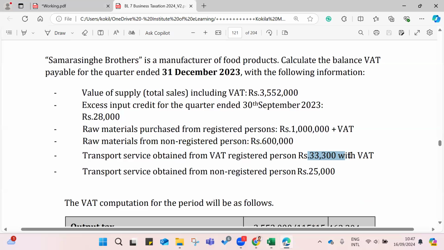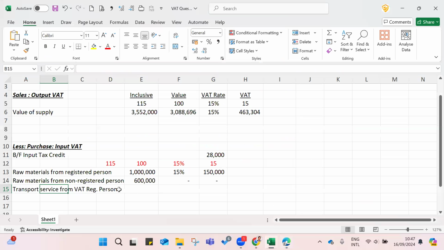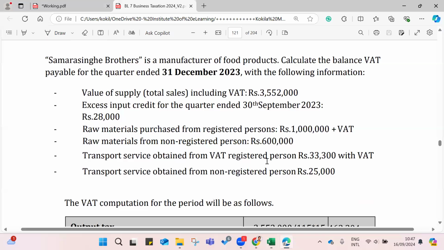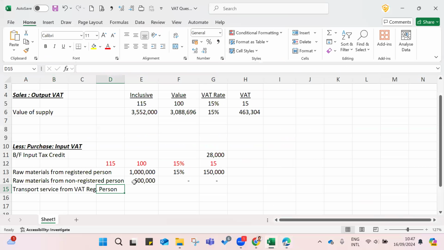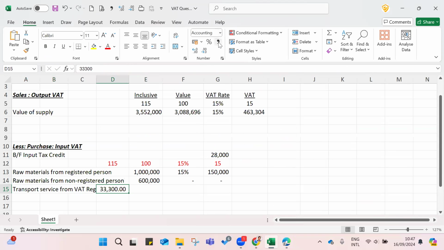It says with VAT. You need to be mindful now, right? 33,300 includes VAT, right? Transport service obtained from a VAT registered person, with VAT 33,300. It includes VAT. It is 115, right?